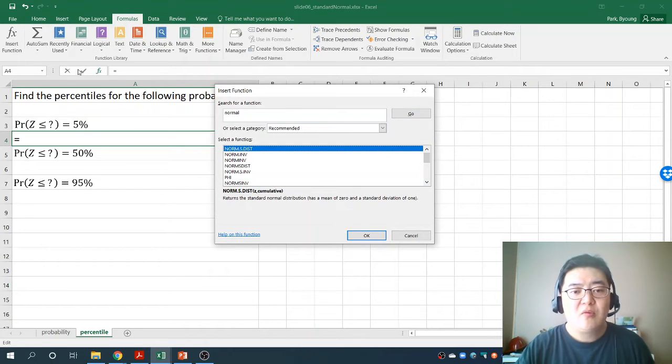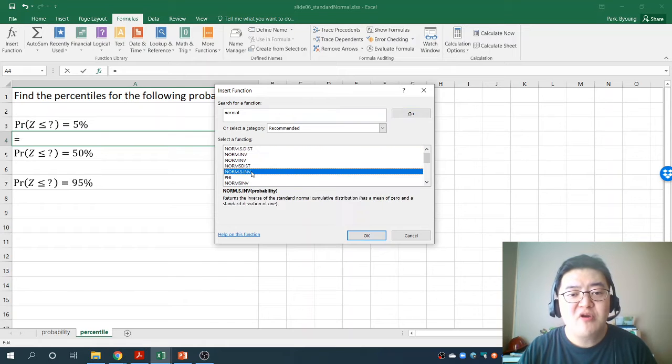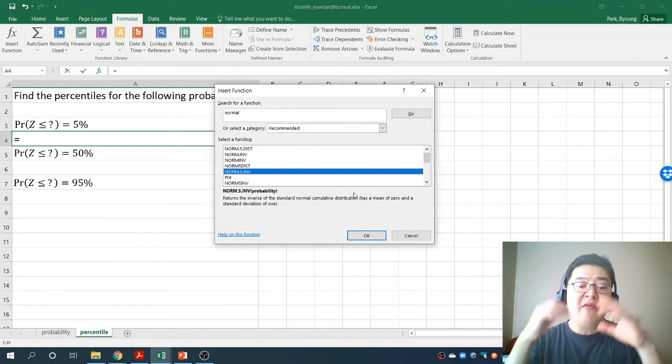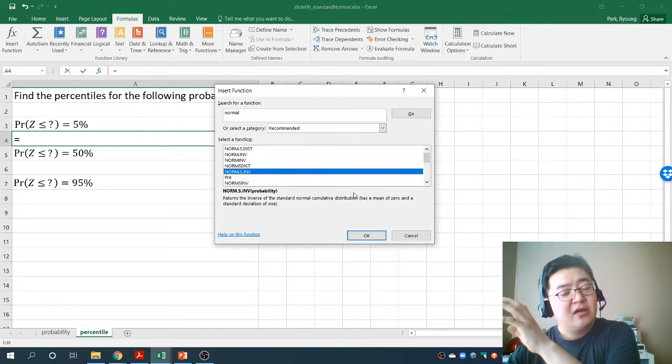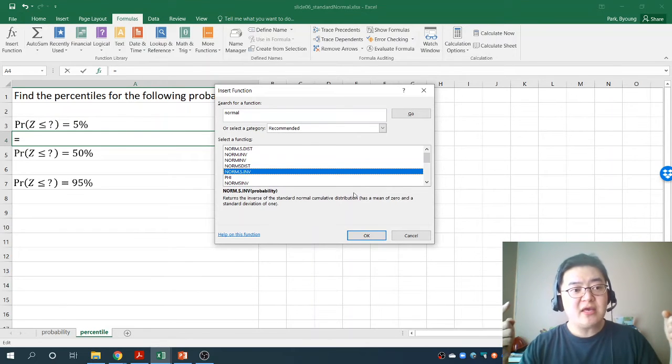again, when you type normal, now what we are going to use is this one, NORM.S.INV. It returns the inverse of the standard normal cumulative distribution. Previously we input the value, then it returned the probability. We are taking its inverse.